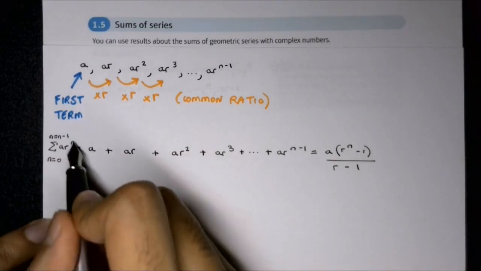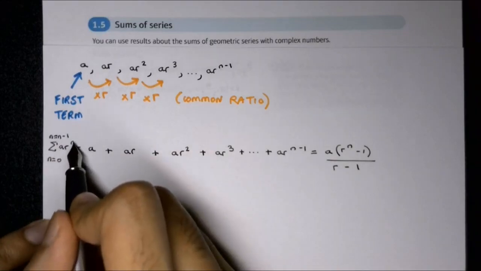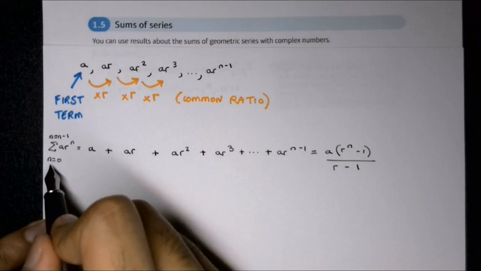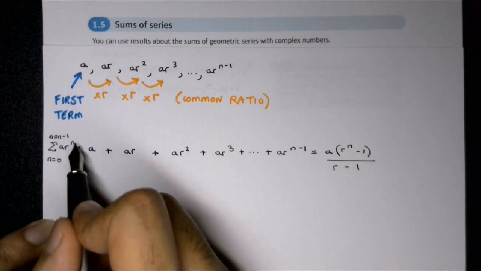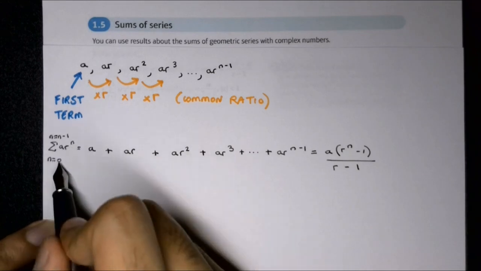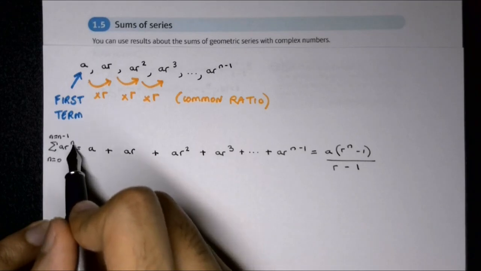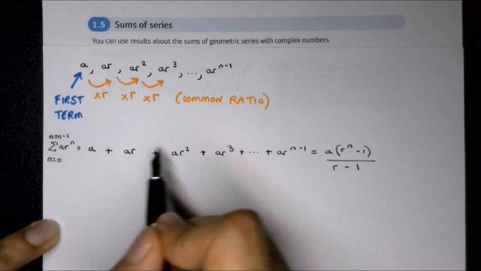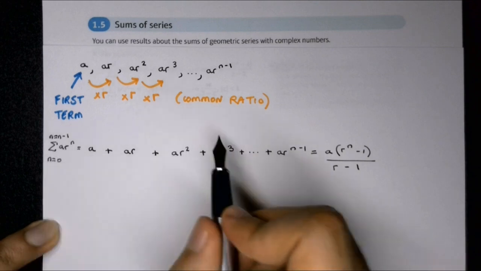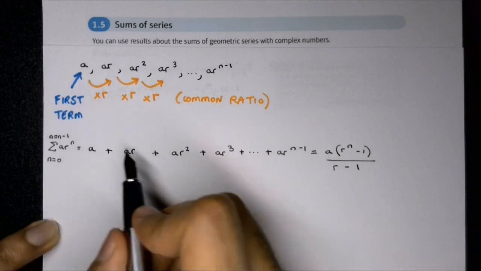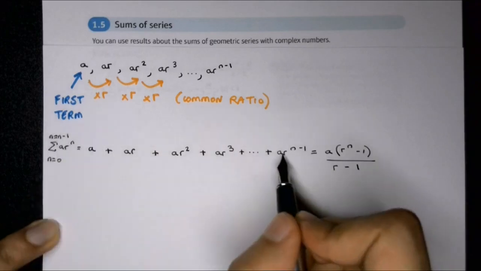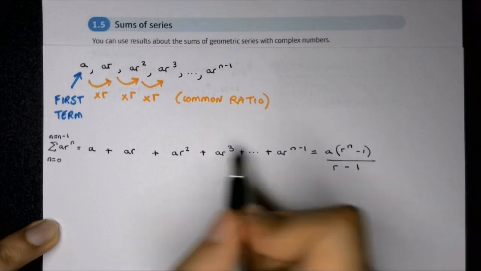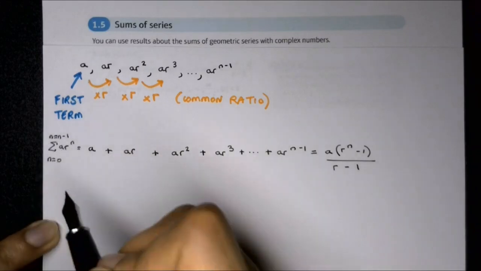When n is equal to 0, we have ar to the power of 0, which is a. When n equals 1, we have ar to the power of 1, which is ar. When n equals 2, we have ar to the power of 2. When n equals 3, we have ar cubed. And then our final term, when n is equal to n minus 1, we have ar to the power of n minus 1. So this result over here makes complete sense.